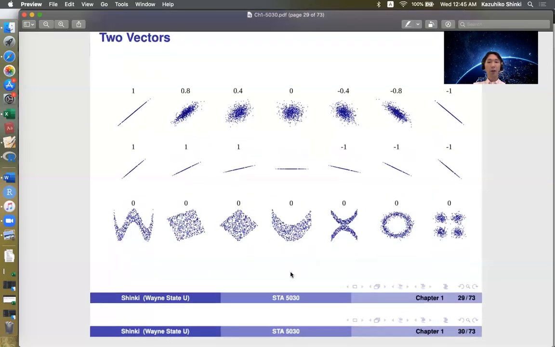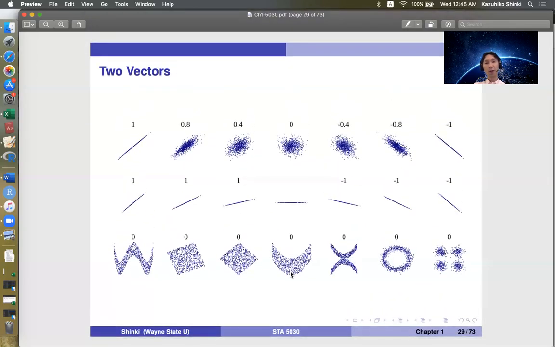And if the correlation coefficient is 0, it does not mean there is no relationship. For example, this pattern has a sample correlation coefficient of 0, because a larger x does not imply a larger y. If x is around 0, then the y value is larger than in other cases.